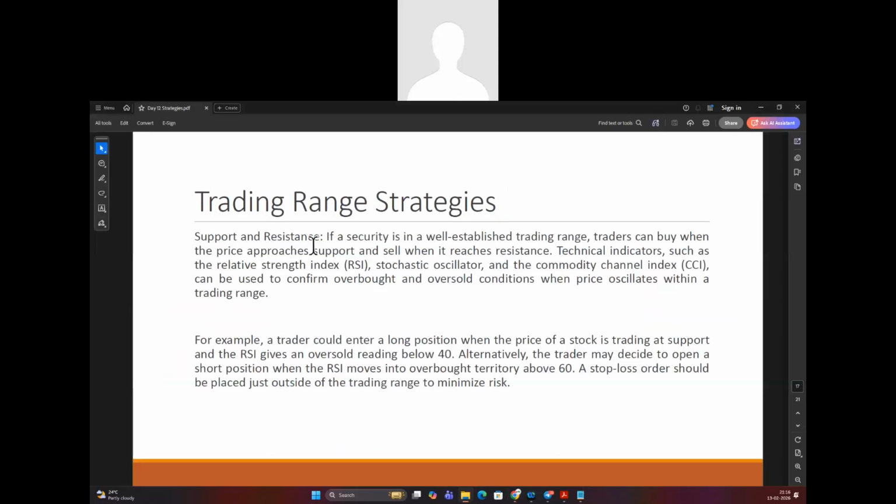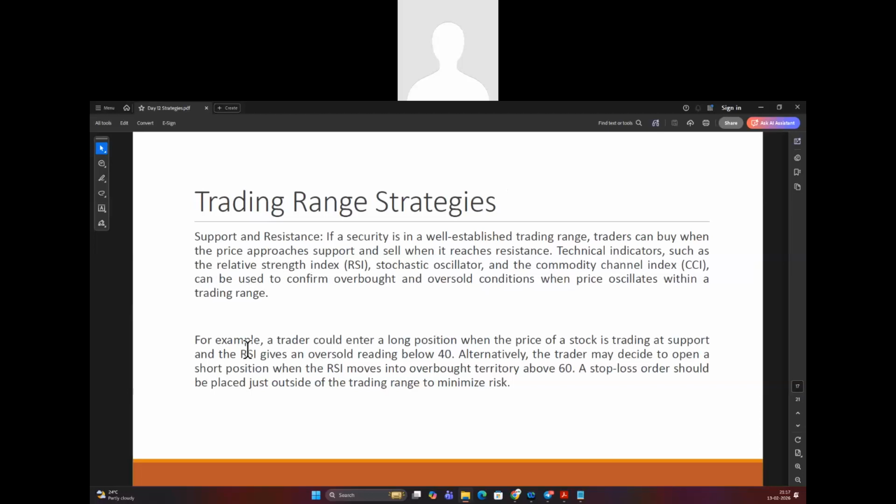Based on support and resistance, if a security is in a well established trading range, traders can buy when the price approaches support and sell when it reaches resistance. Technical indicators such as the relative strength index, stochastic oscillator, and commodity channel index can be used to confirm overbought and oversold conditions when price oscillates within a trading range.